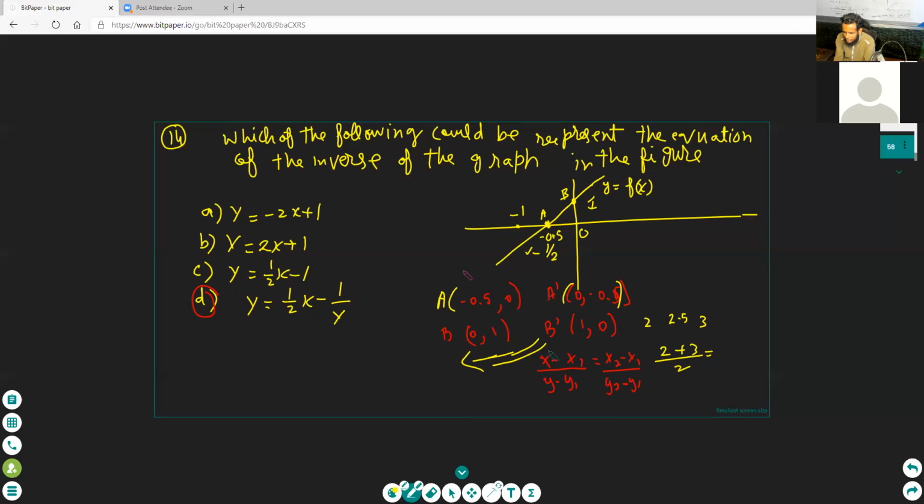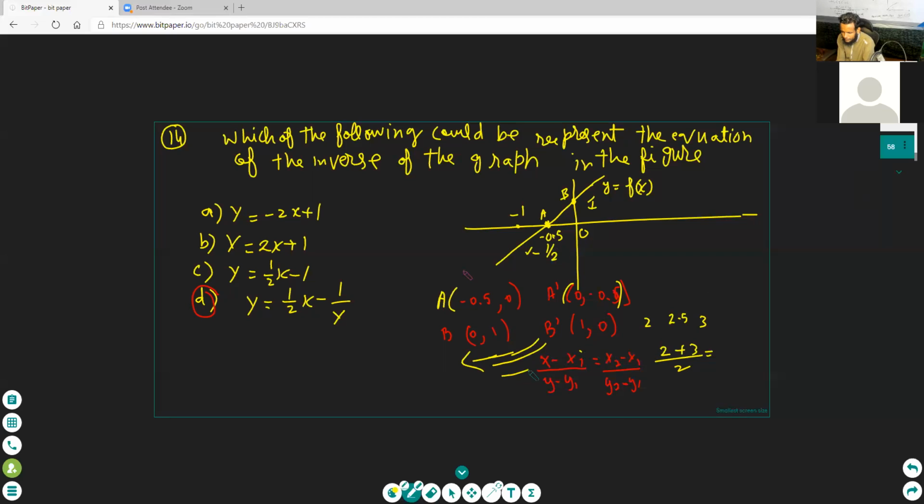You have written it fast. It is good. If we take the reciprocal, then our formula form will be equal to this form. It is also a good form: x minus x1 over x2 minus x1, and y minus y1 over y2 minus y1. Put values.